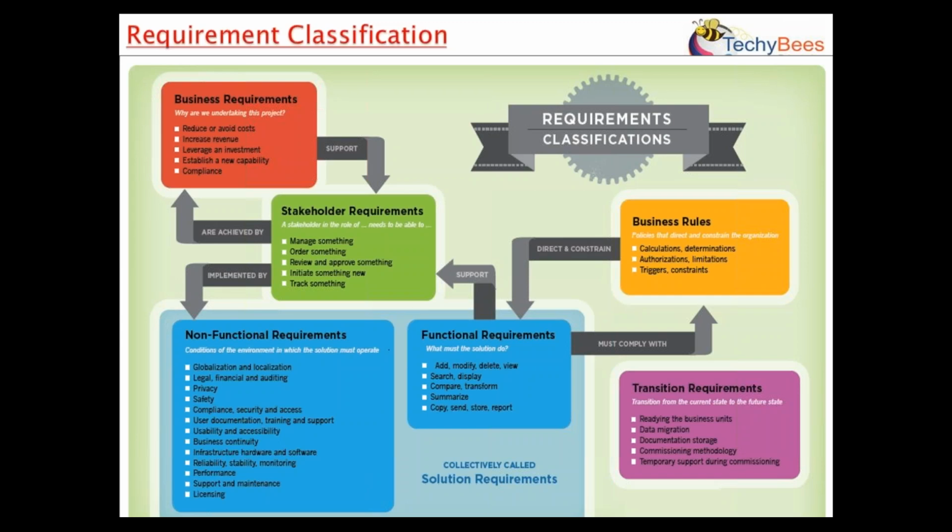From there, you further divide that into solution requirements called functional requirements and non-functional requirements. Business rules, as I've told you, may exist or may not exist. If there is a business rule, it should be applied to the solution requirements that you create, which means the functional and non-functional breakdown of the requirements and business needs that you have gathered.